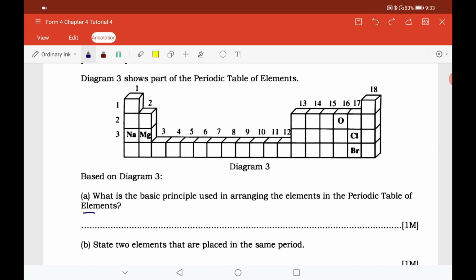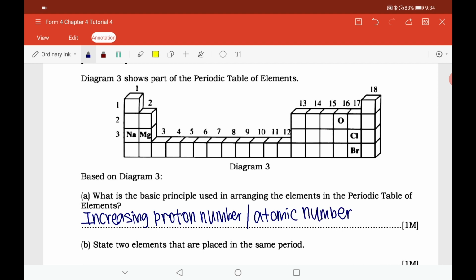So you can say increasing proton number. If you don't want to use the word proton number, you can also use the word atomic number. Proton number and atomic number are actually the same thing.